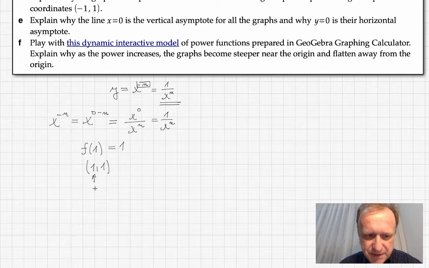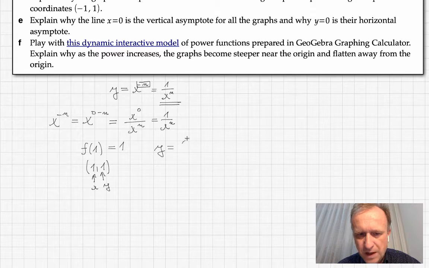Only then the point 1, 1 lies on the graph. You may understand that the first coordinate is the x and the second coordinate is the y coordinate. So only then the point lies on the graph when, if you substitute x for the value here and you evaluate f of 1, you get 1. So is it so? Let us see. Y is 1 divided by x to the power of n.